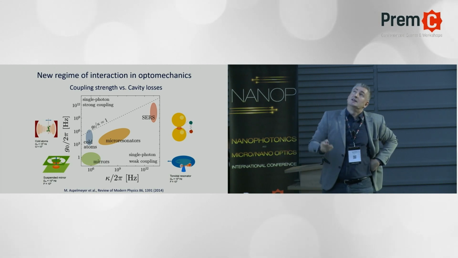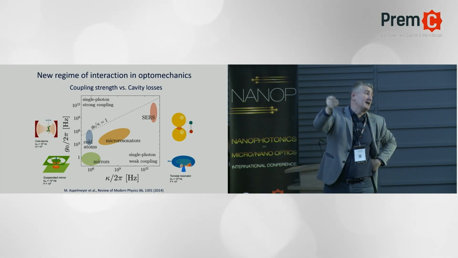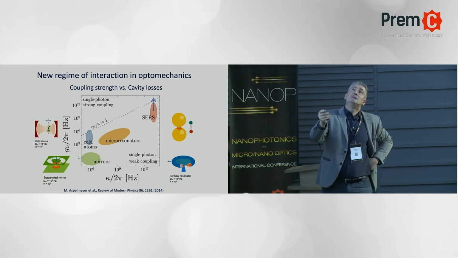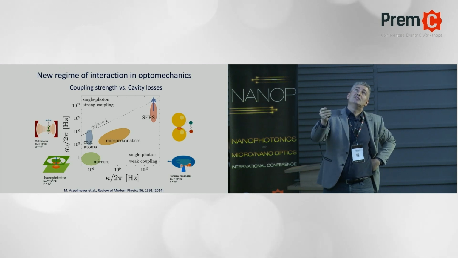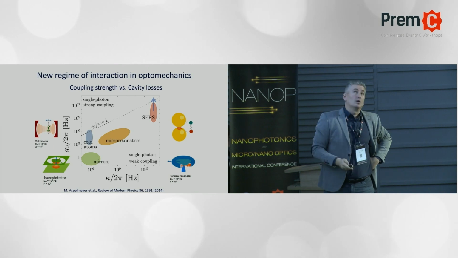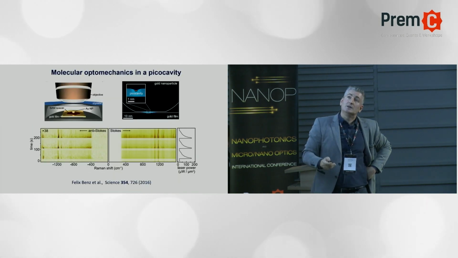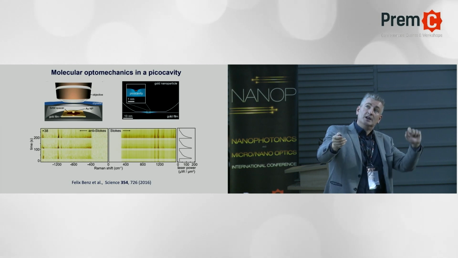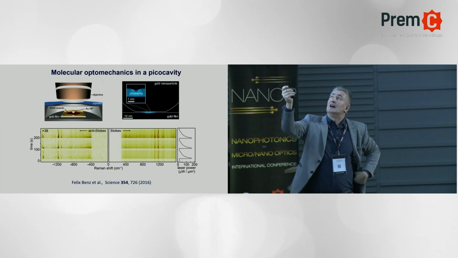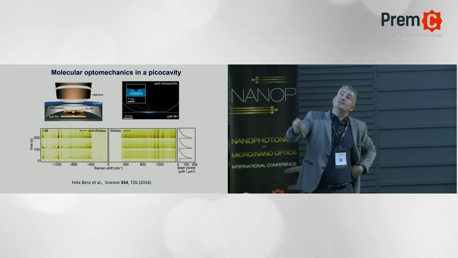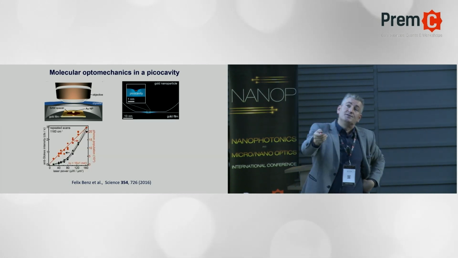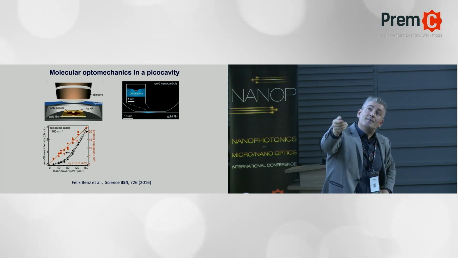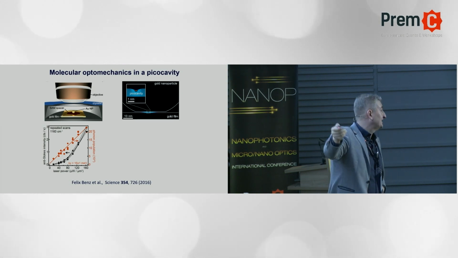So with that, we push this optomechanical limit even a little bit higher because the effective mode volume is even reduced to the picocavity, and then the g goes up. So when these Raman lines of the picocavity emerge, what the experimentalists did was tune the intensity of the laser, and by tuning it, they managed to identify experimentally that the Raman anti-Stokes line was going quadratically.